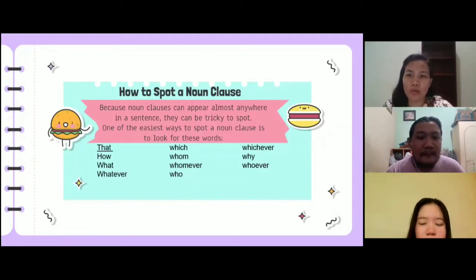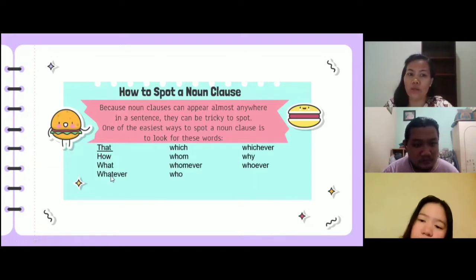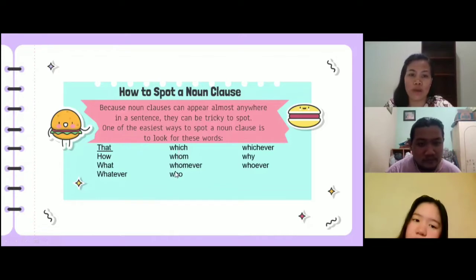How to spot a noun clause? Because noun clauses can appear almost anywhere in a sentence, they can be tricky to spot. One of the easiest ways to spot a noun clause is to look for these words: that, how, what, whatever, which, whom, whomever, who, whichever, why, and whoever.